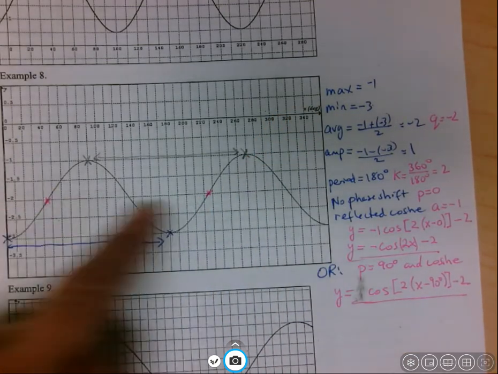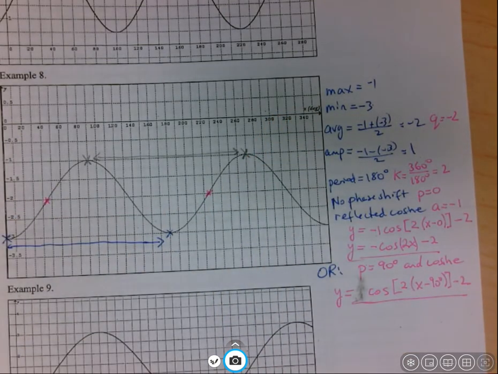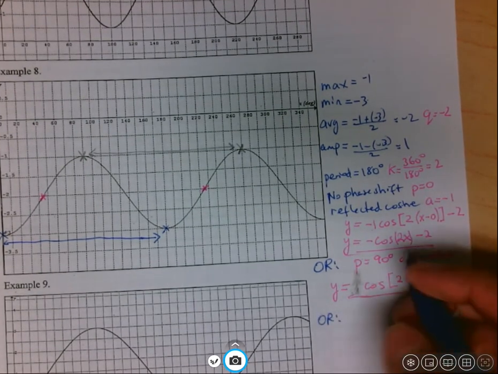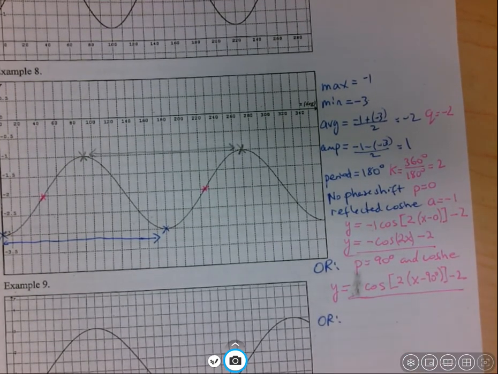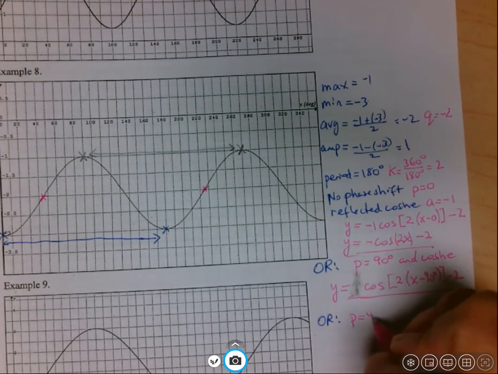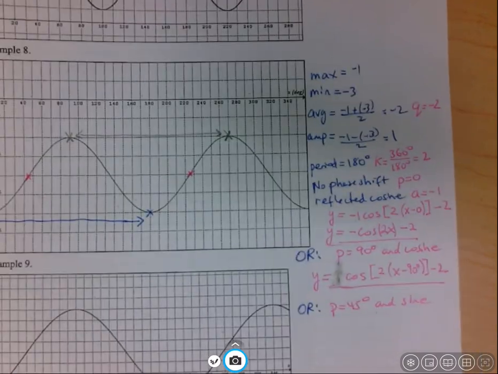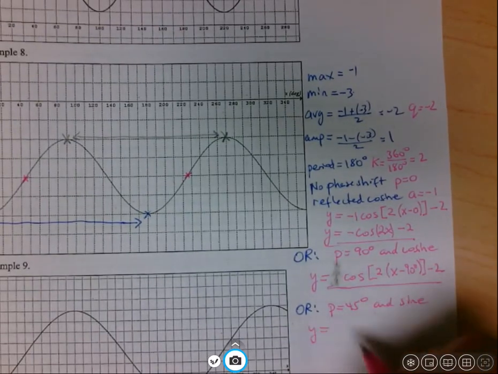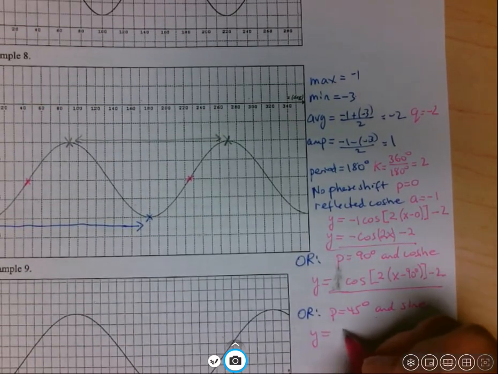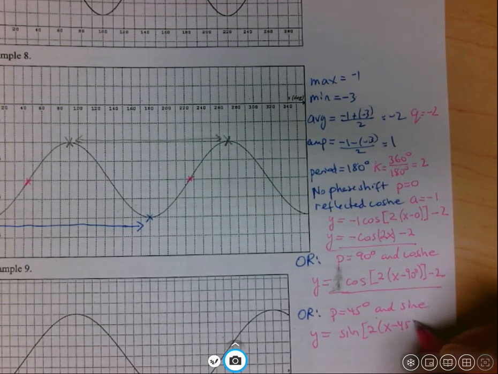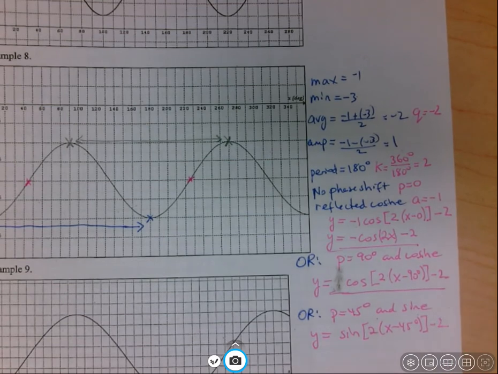It's still 180 degrees between these points, but now I have a sine. So the phase shift is 45 degrees, and it's a sine. So y equals, amplitude is 1, I won't write it, sine 2 x minus 45 degrees minus 2.